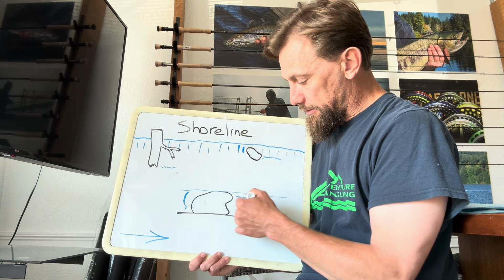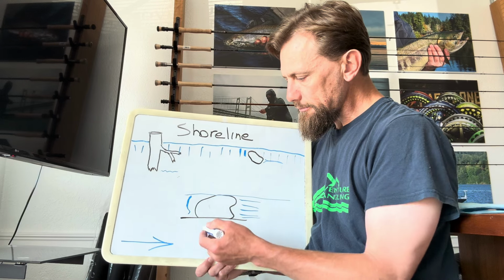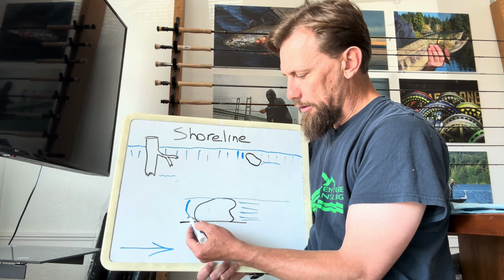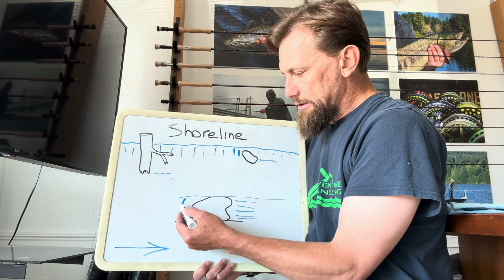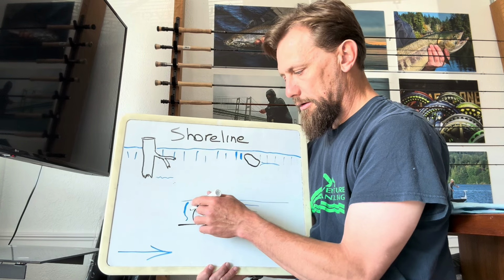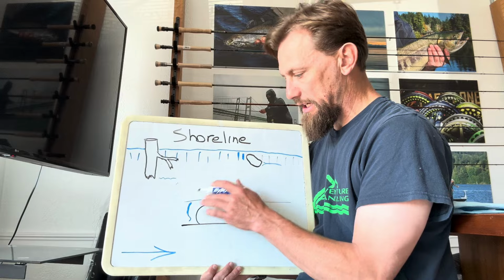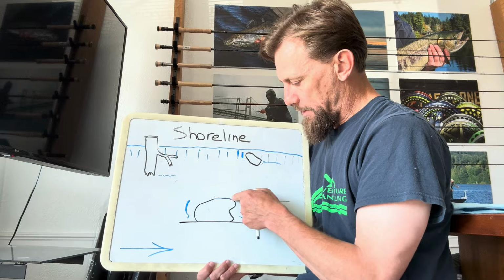It's just trapped there and tumbles around, and it gives the trout opportunity, just like in a river. In the same way, a trout will hang out here or up here to take advantage of this splitting water that's going around the rock. And as it slows down, it's going to be a higher pressure. He can just sit there and feed.